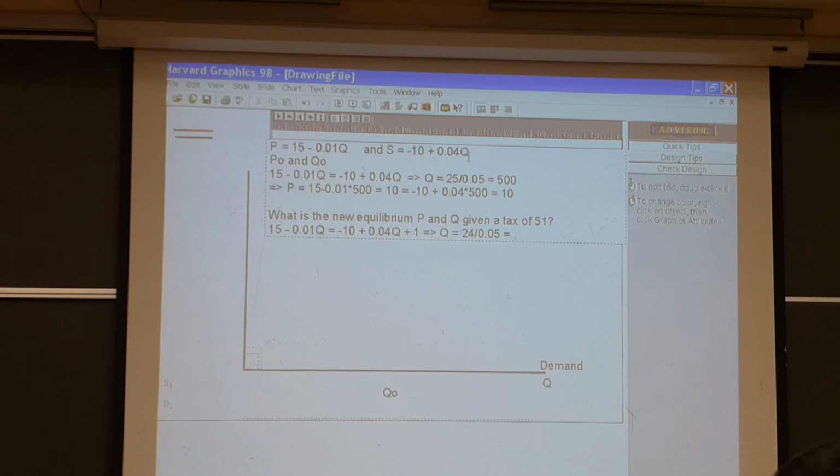Everybody, 480. So therefore, the price is P equals 15 minus 0.01 times 480, which is equal to, in this case, 10.20. It goes up by 20 cents. Kind of like we guessed before.